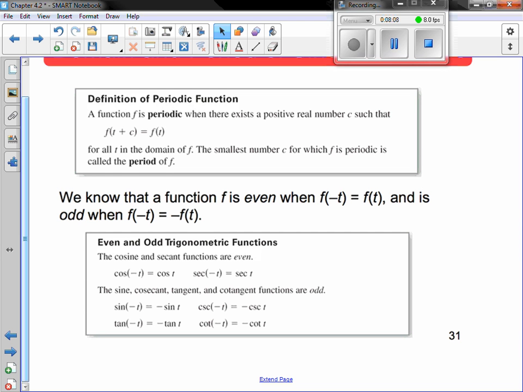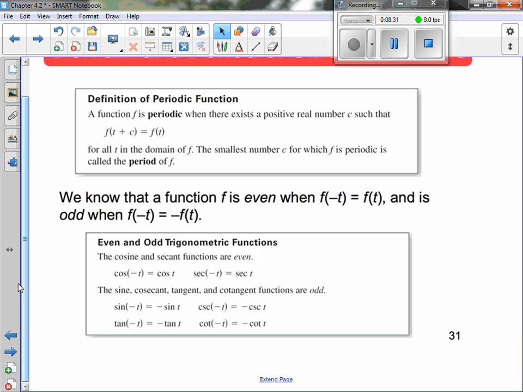So for us, it doesn't mean a whole lot that cosine of negative t, or a negative angle, is equal to cosine of the positive angle. It doesn't mean anything for us, because I can type in cosine of negative 30 degrees and it'll give me the answer. I can type in anything I want, or cosine of 30.